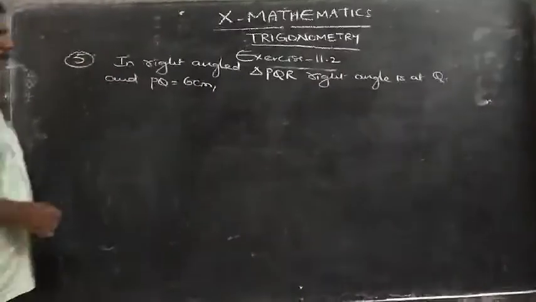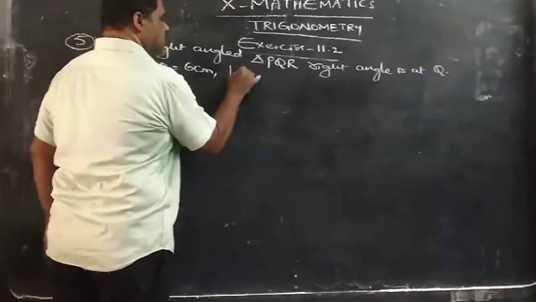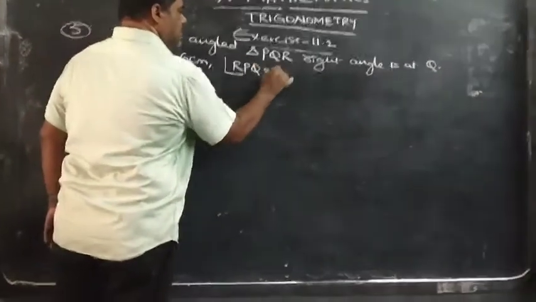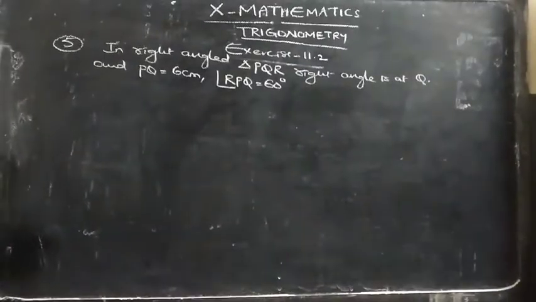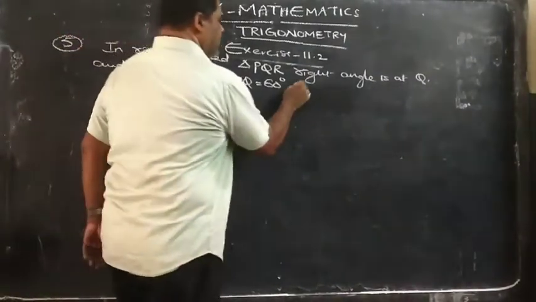Angle RPQ is equal to 60 degrees. Find the length of QR and PR.